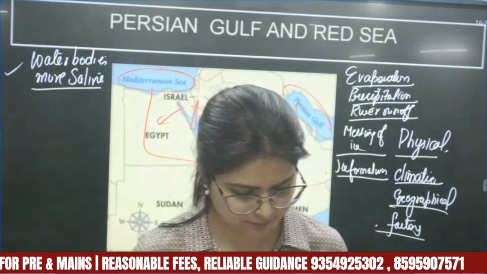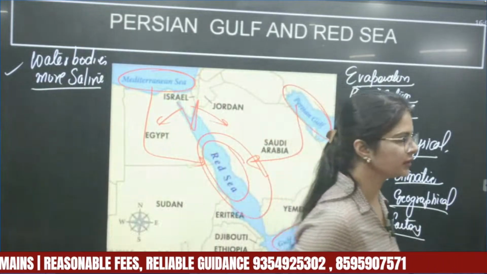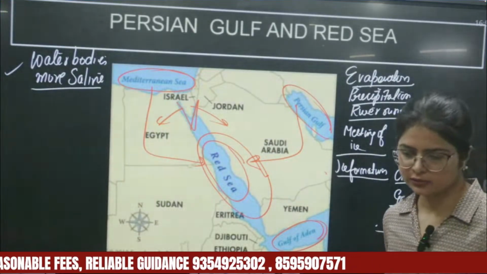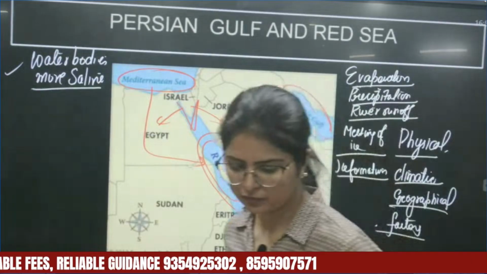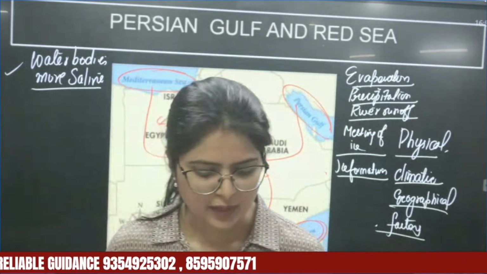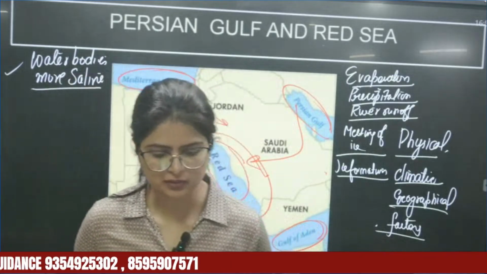For example, heavy and frequent rainfall near the equator. One more example we will write, Amazon basin coastal waters.